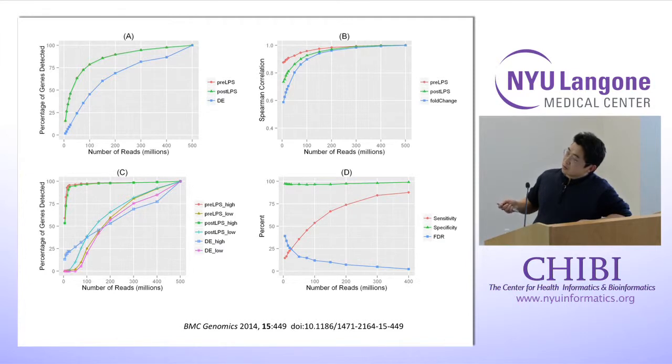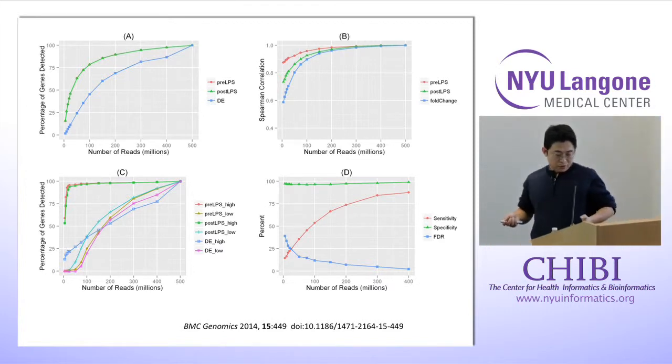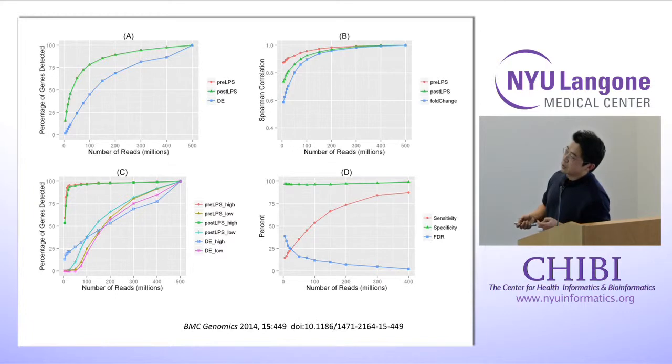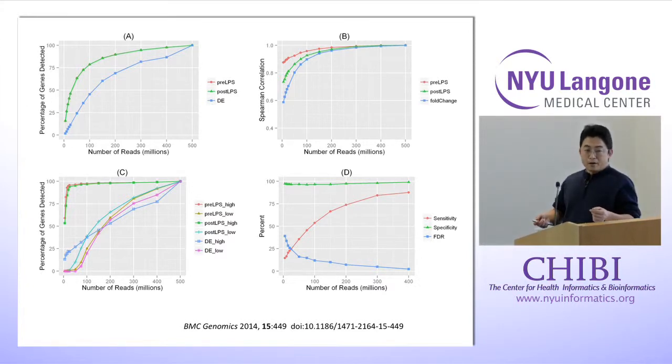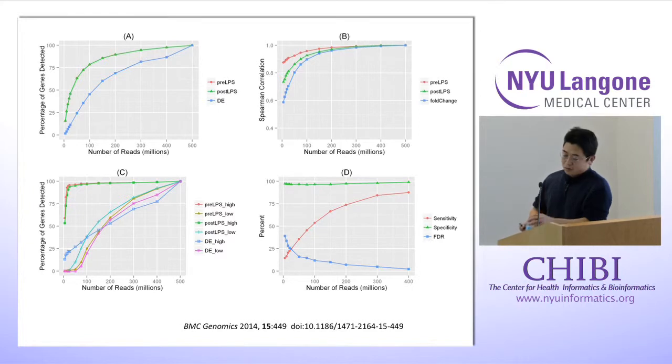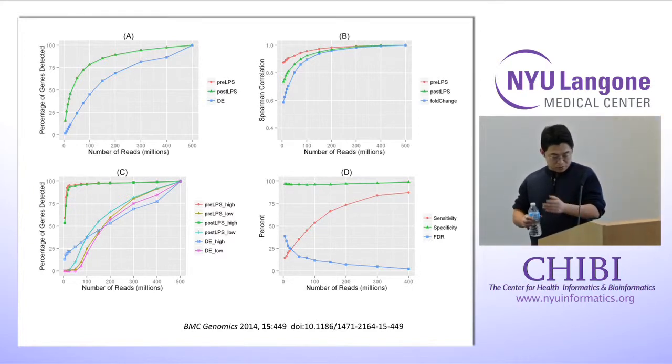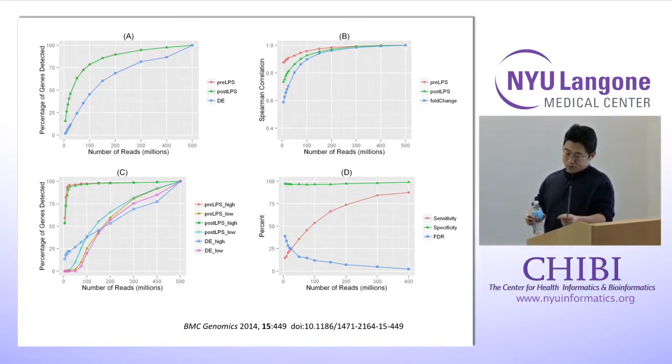This figure is very informative to see the correlation. Let's say you have a study with 500 million reads, and you sample 300 million reads, and you see for each condition whether you discover the same results or not from different sampling, different simulations.